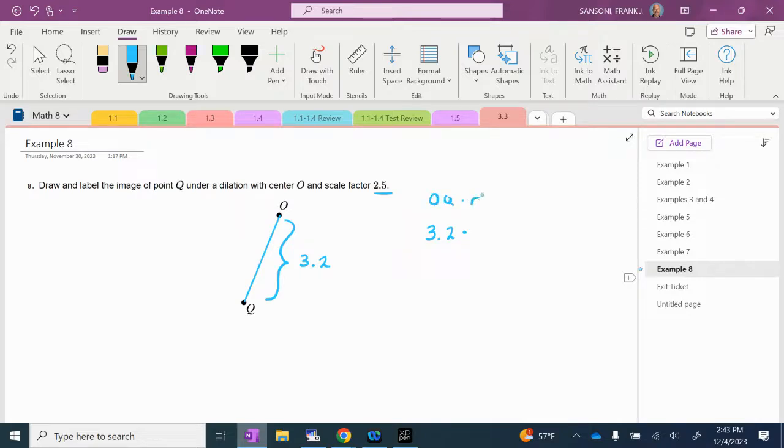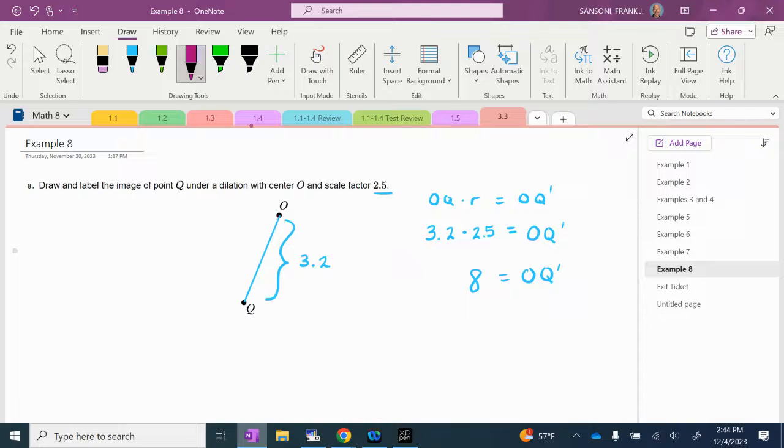OQ times r gives us OQ prime. What is 3.2 times 2.5, or do we want a calculator? It'd be better with a calculator. All right, 3.2 times 2.5 gives you a nice easy number. 8. So the length of OQ prime needs to be 8.